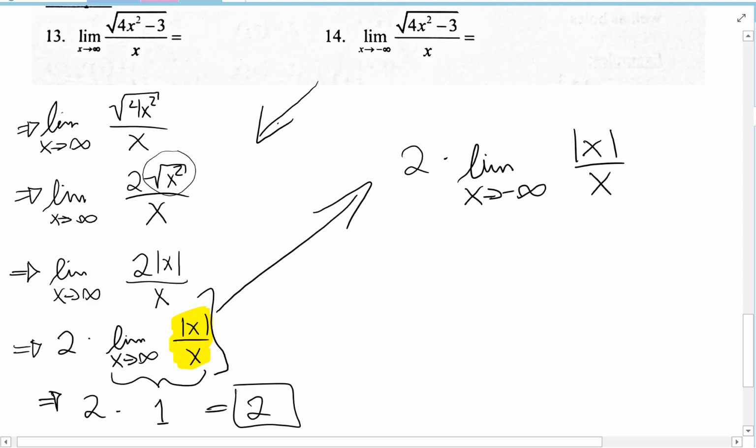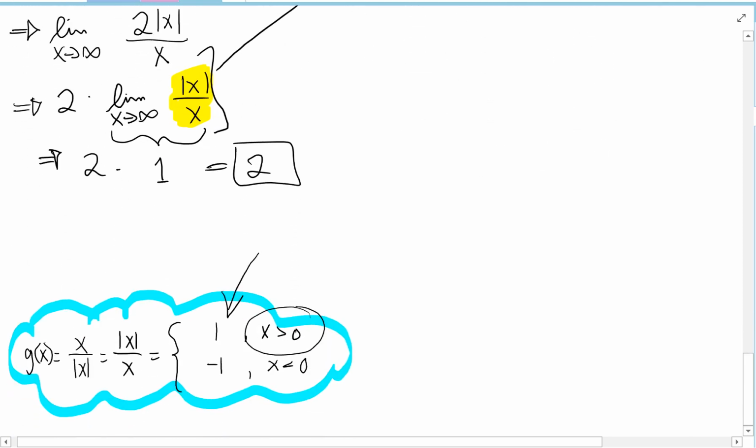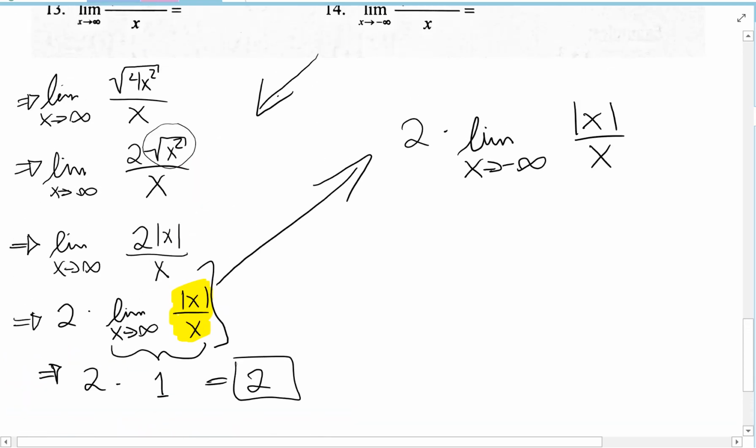Now, negative infinity is in the other section, right? In the other piece. So you have x is less than 0, your result is -1. This negative infinity is definitely less than 0, so our result is 2 times -1, which is -2.